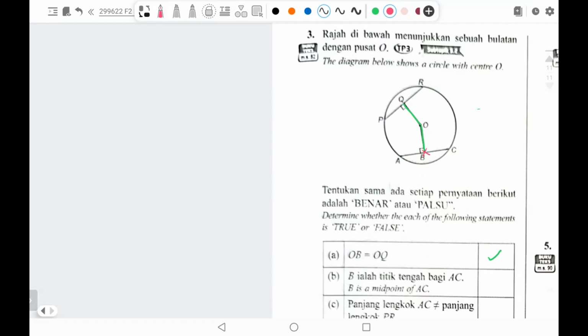Is B at the middle of the length of A to C? What about your answer, Joe? You can answer me not sure if you're not sure.